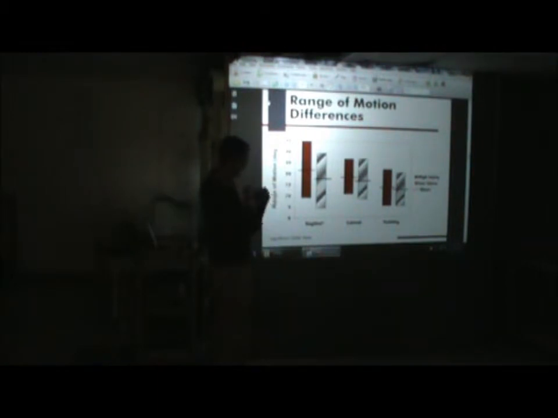So again, once they measured these things, they threw it into some statistical models and pulled out what is really driving injury the most. They looked at range of motion differences, in terms of just flexion and extension, lateral bending and the twist, not looking at velocities and accelerations yet, just the degree of difference.